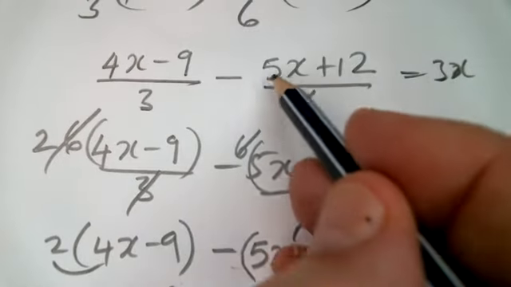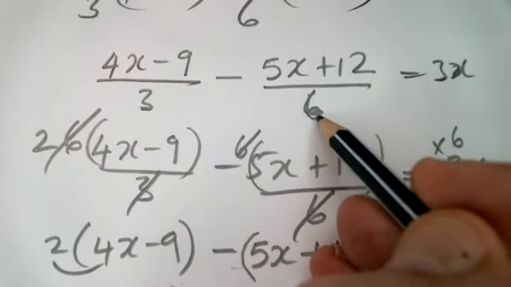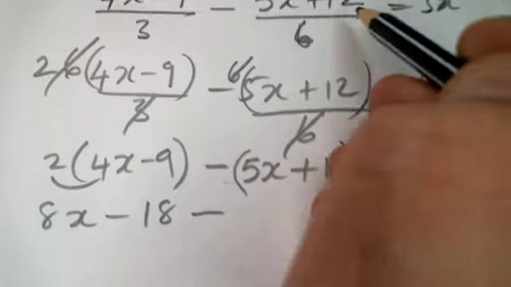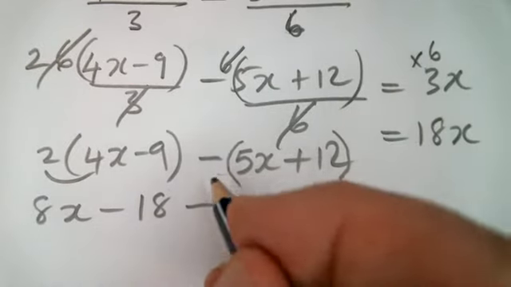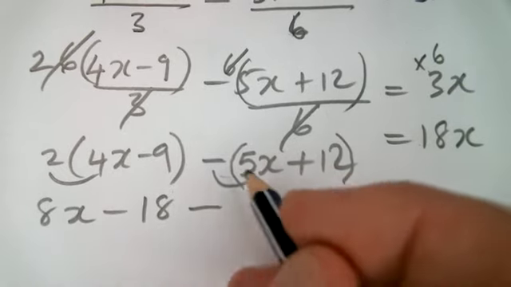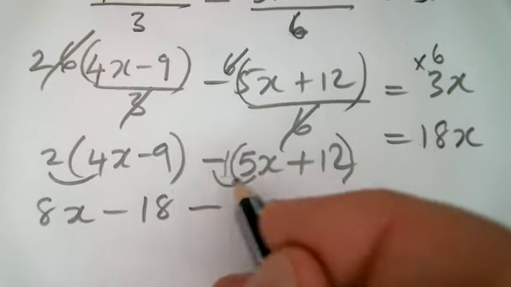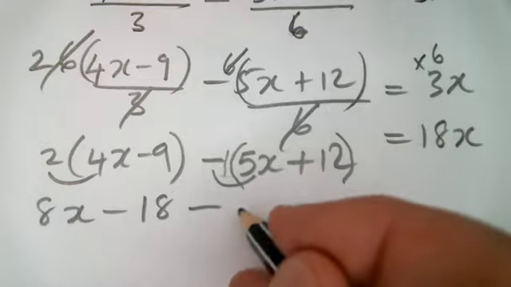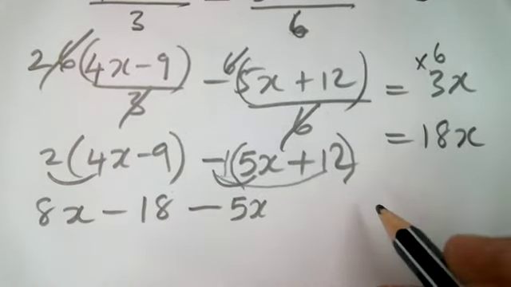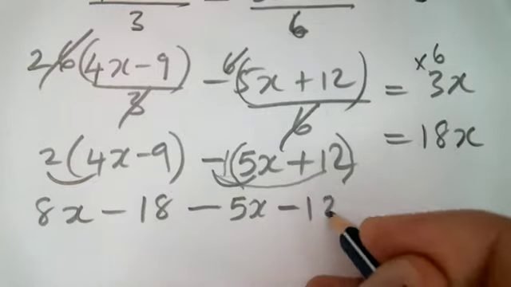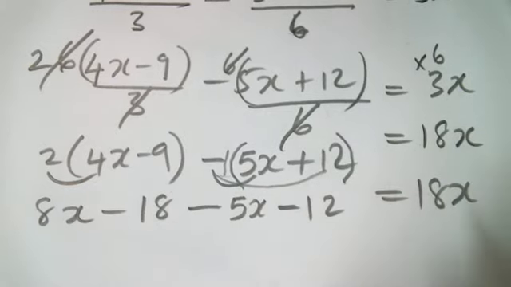While I can say minus the whole of the fraction is true, if I minus just one line, I need the brackets there. Because negative 1 times 5x is negative 5x, and negative 1 times 12 is going to be negative 12, is equal to 18x.